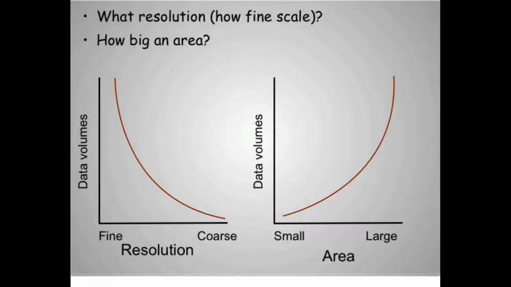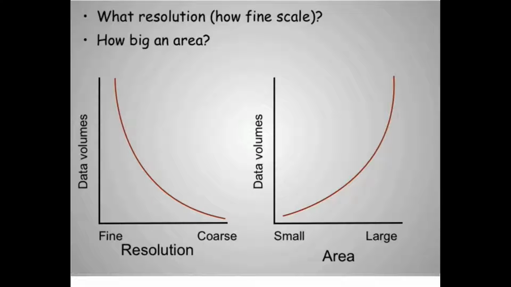Oftentimes I get students that want to tackle a huge project, like maybe for a research effort. Sometimes it's best to model that process in a small area, and then once you figure it out, tackle a larger area. You may need to just set your computer aside for a little while to finish that process. That happens in GIS a fair bit, even with today's computing speed.